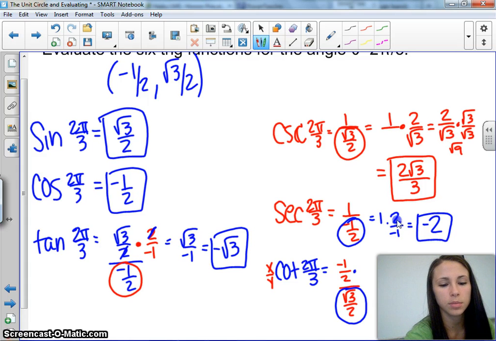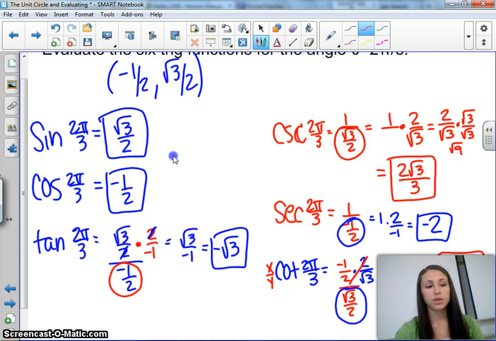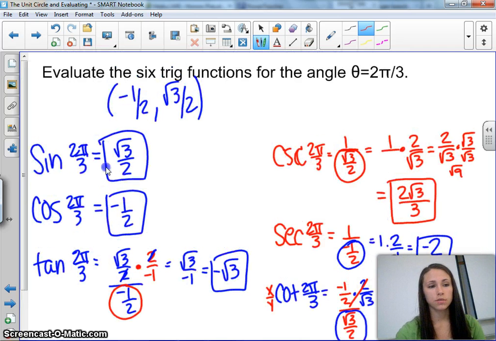So I'm just going to bring it up here and multiply by 2 over the square root of 3. Now the 2's cancel out, and I'm left with negative 1 over the square root of 3. And I can't leave it like that, I've got to rationalize. And so when I rationalize, this is going to end up being negative square root of 3 over 3. Alright, and so then those are our 6 functions of this angle.